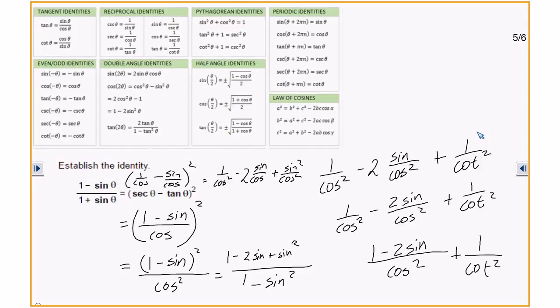What are you talking about? Right here? No, up top where you just wrote. Oh, up there? The cosine squares would all equal, is it 1 minus sine squared?